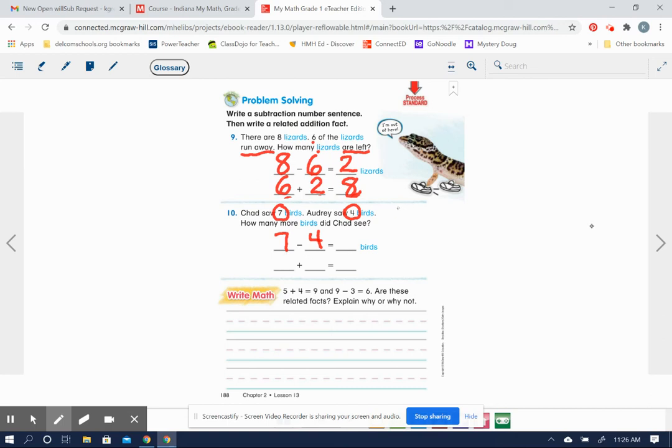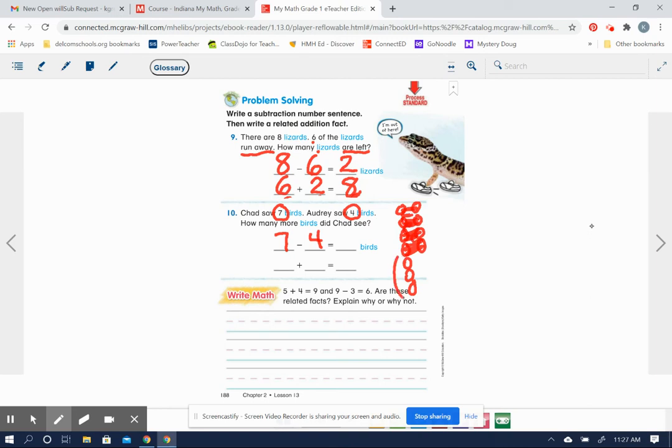And so if we're comparing, I'm going to draw 7 counters. 1, 2, 3, 4, 5, 6, 7. I want to draw it so that you can see the comparison. And Audrey saw 4. Okay, so here's where they saw the same, these like comparing, it's the same.